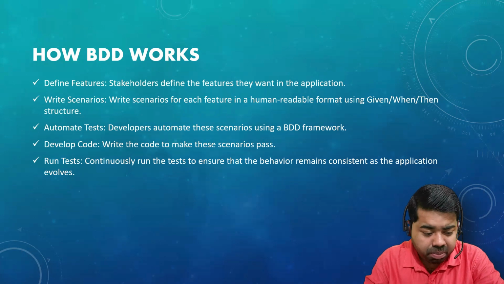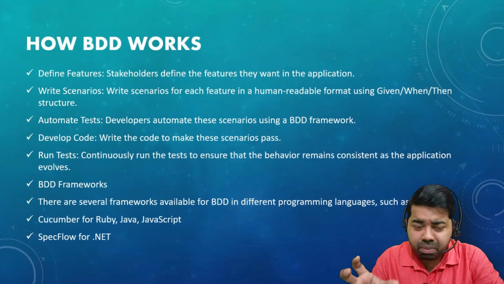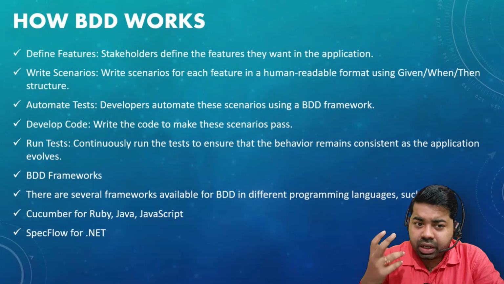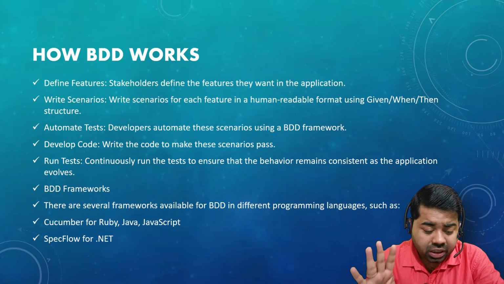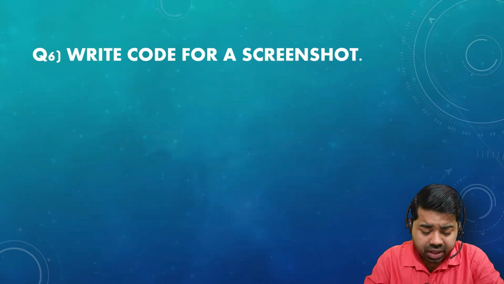That is code development, and then we run the test. We have several BDD frameworks: Cucumber for Ruby, Java, and JavaScript, SpecFlow for .NET, and Behave for Python.